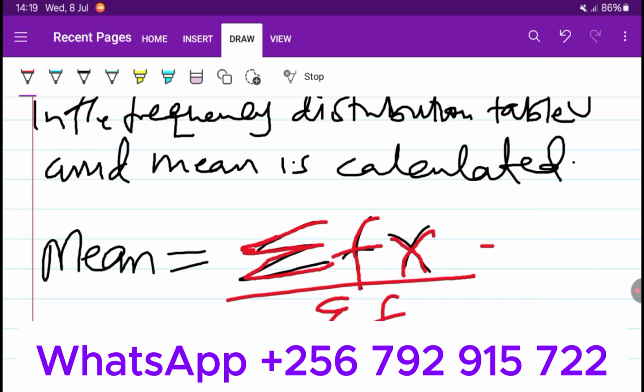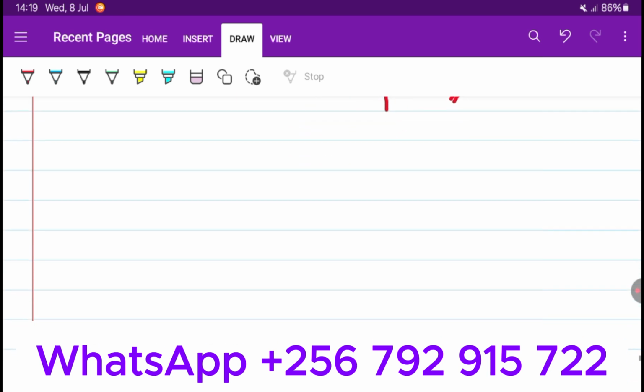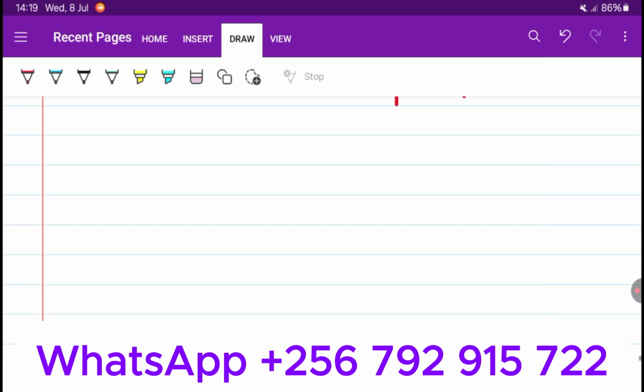Then with that one value, we assign the respective frequencies. The mean we are looking at here involves ungrouped frequency distributions, whereby we have discrete values, but these values are too many and they are repeating themselves.